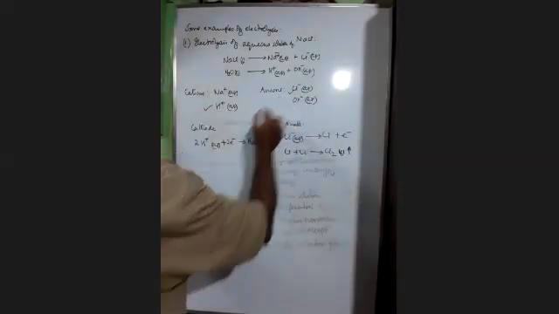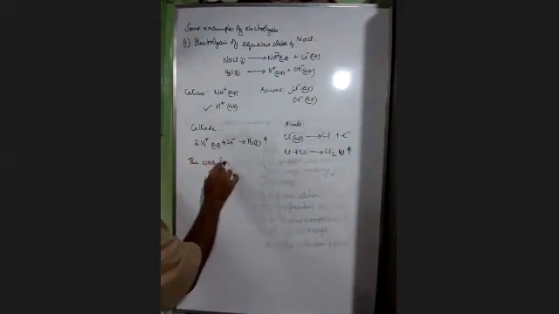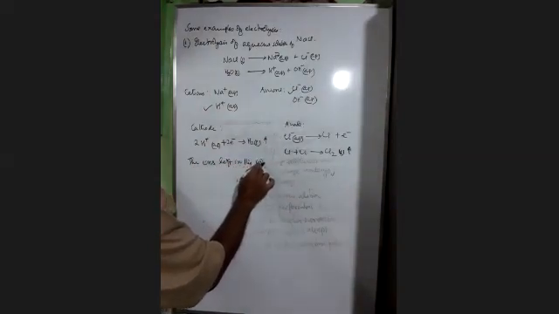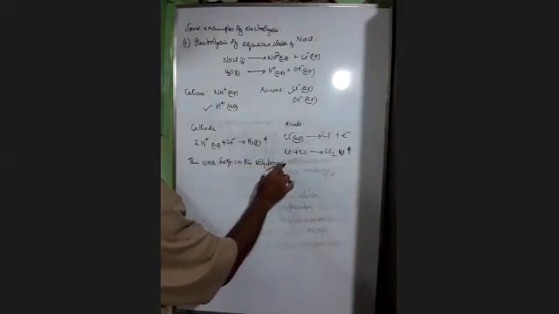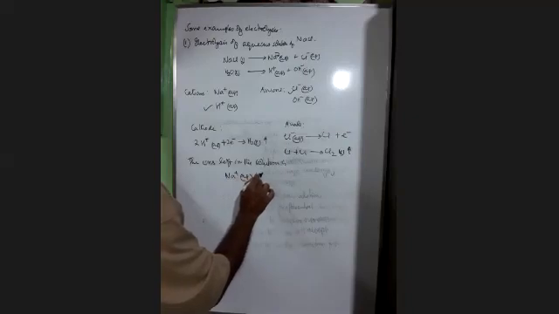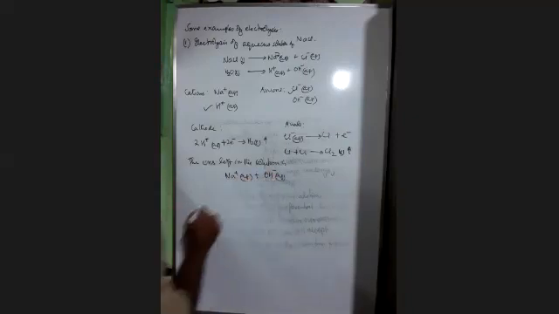Now very interesting. See here. This is going out and this is going out. So what is left in the solution? The ions left in the solution are Na plus aqueous and OH minus aqueous.